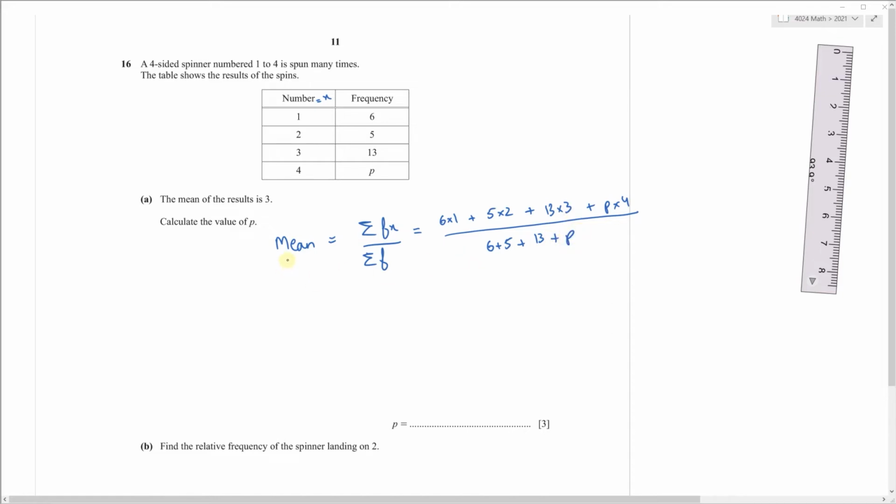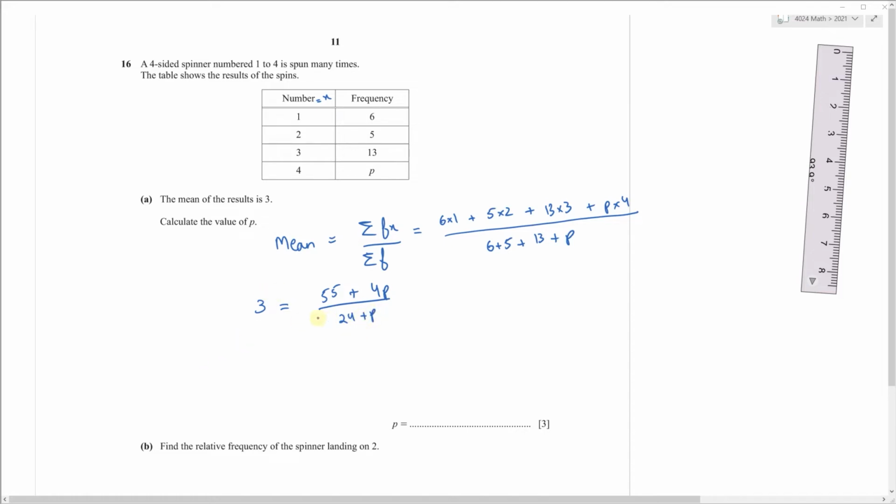So this will give you the mean, and you know that the mean is 3. It's given. So 3 will equal 6 plus 10 is 16, 16 plus 39 will be 55, 55 plus 4p, divided by 6 plus 5 is 11, 11 plus 13 will be 24 plus p.